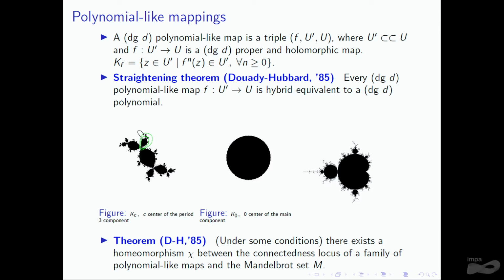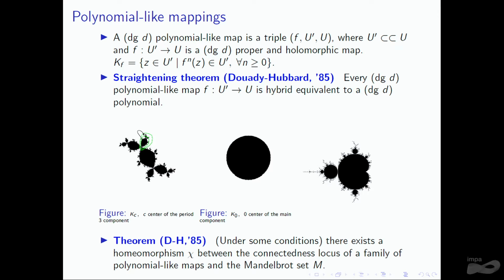But why am I telling you about this? Because Douady and Hubbard also proved that under some conditions which are completely reasonable, there exists a homeomorphism between connectedness loci of families of polynomial-like maps. What am I speaking about? This guy lives here, right? This is my guy. If I move a little bit around here, the dynamics do not change that much.